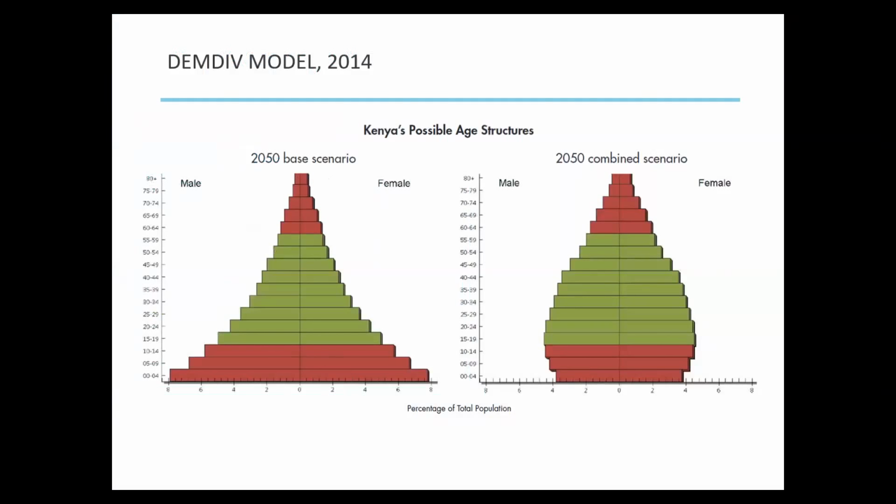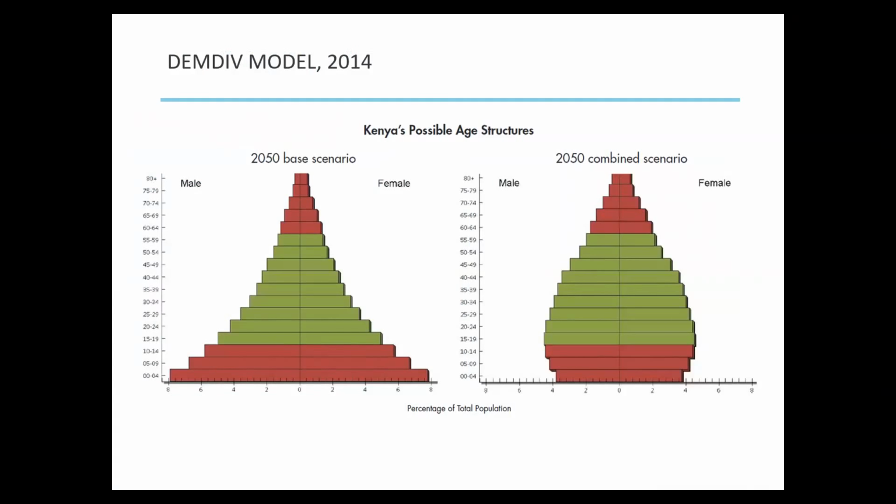So this long-term approach here in Kenya can be characterized by a very different population pyramid across two different scenarios for 2050. So again, what we're looking at here is what would the impact on fertility and age structure be over a long period of time.